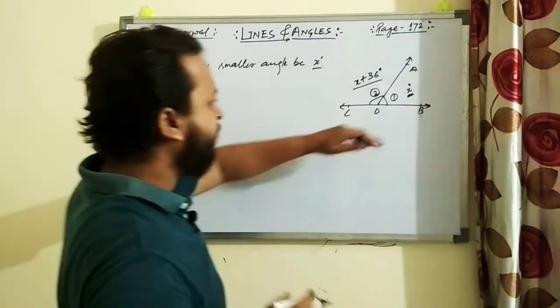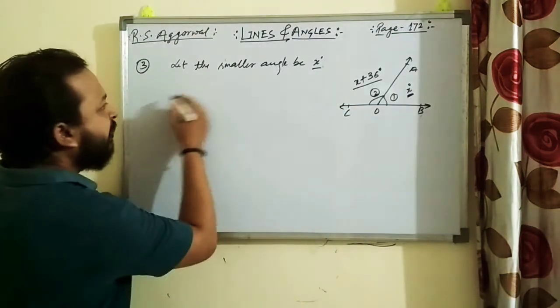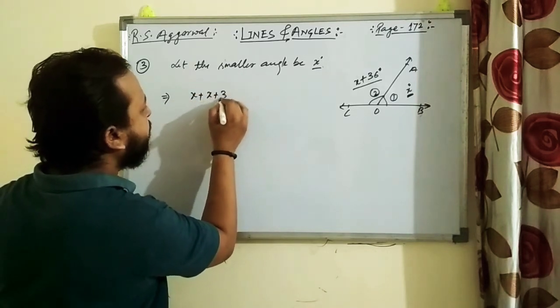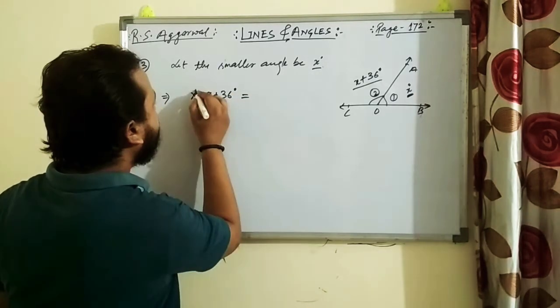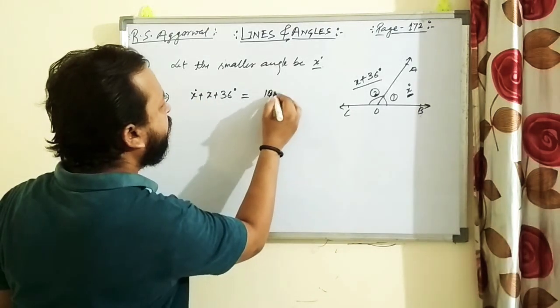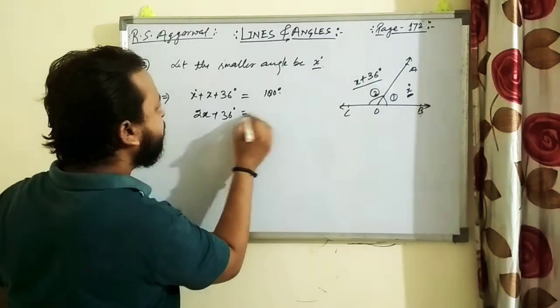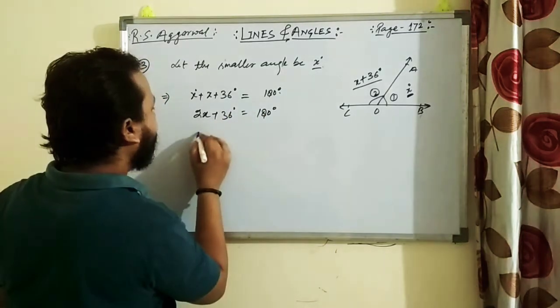And you know that they are making a linear pair of angles, so that is why x plus 36 degrees, that equals what? 180 degrees. So 2x plus 36 degrees is equal to 180 degrees.